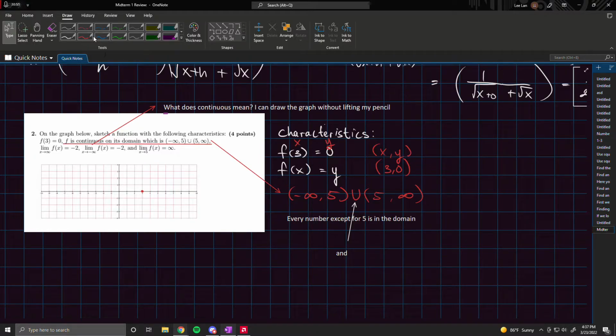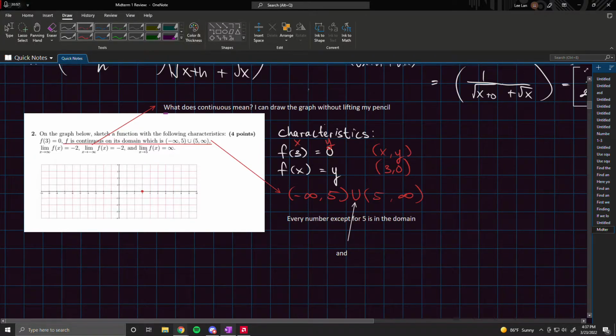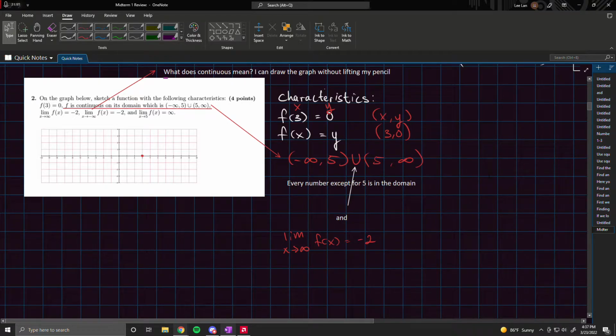Okay, so the next section is limit as x approaches infinity of the function is -2. And so what does this mean? All right, so it's limit as x approaches positive infinity.